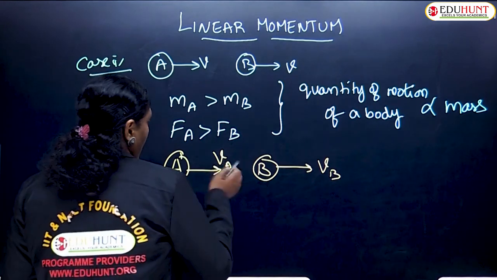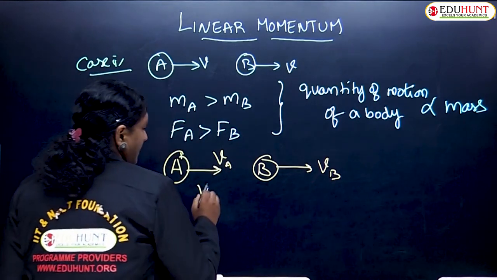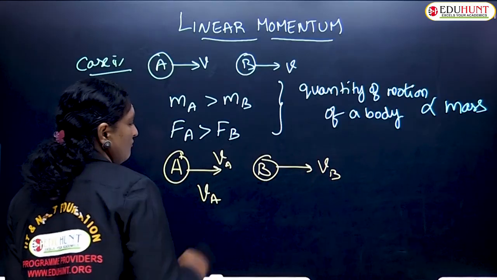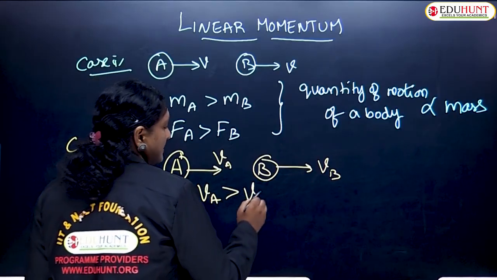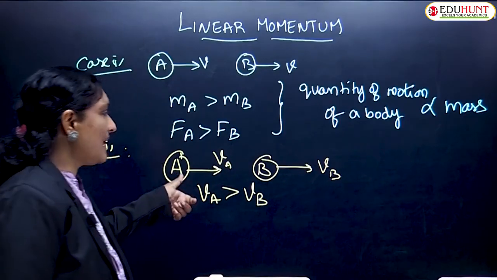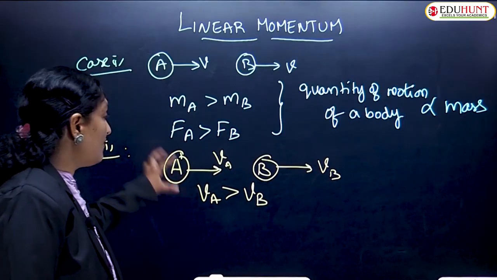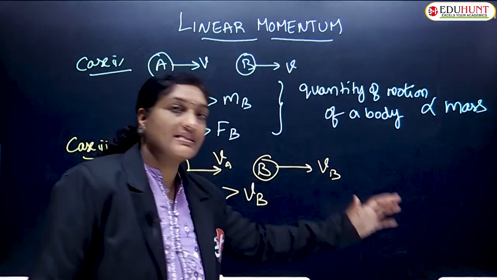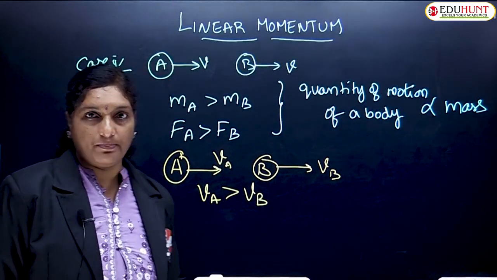Here we consider that the speed of the first body A is greater than the speed of the second body B. That means in the second example the first body is moving faster when compared to the second body B.